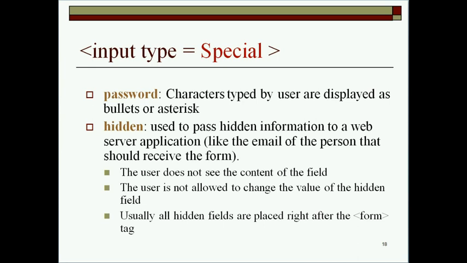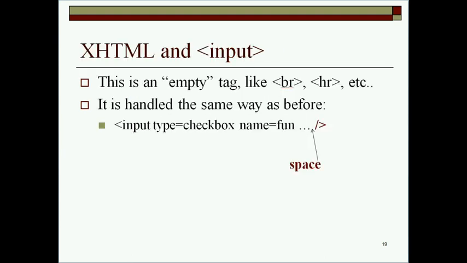So the password type will be a text box, but the characters typed by the user are displayed as bullets or asterisks. That is meant as a special type of text box that will hold information that usually is meant to be a password, and therefore it needs to be encrypted and not displayed.